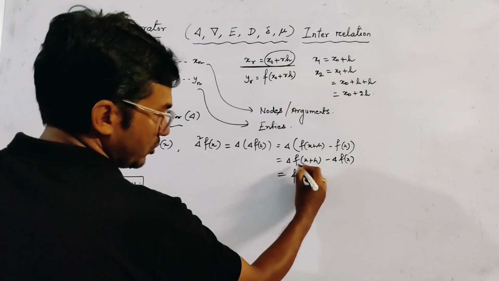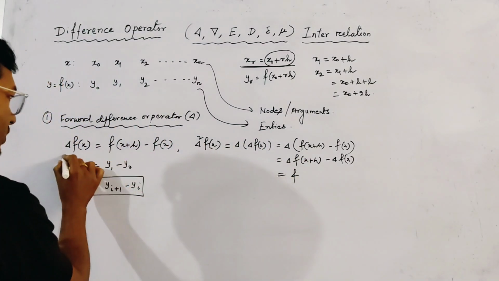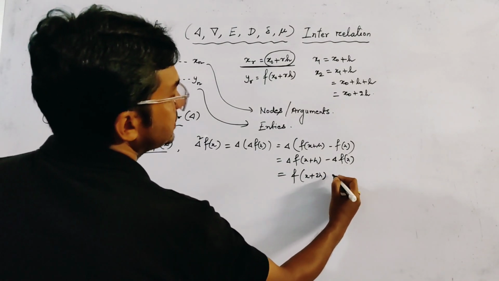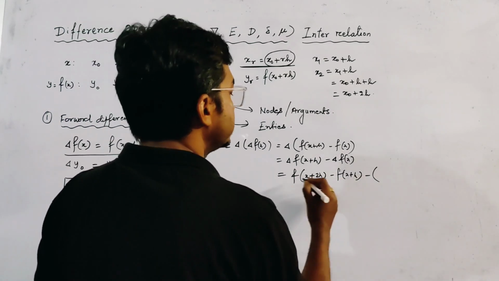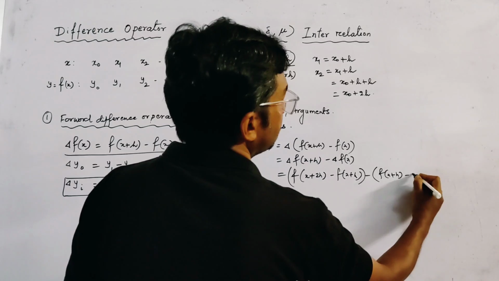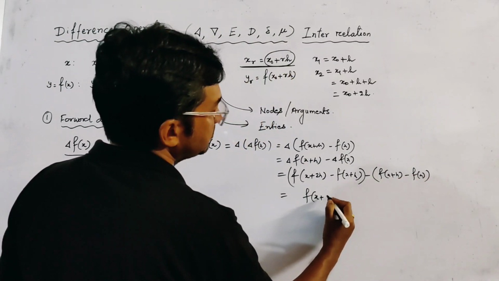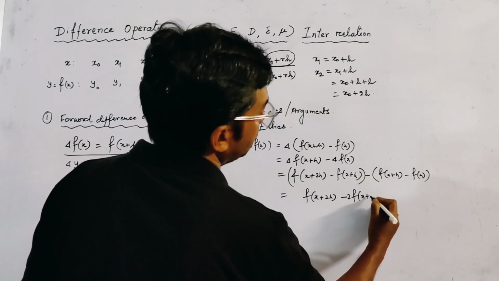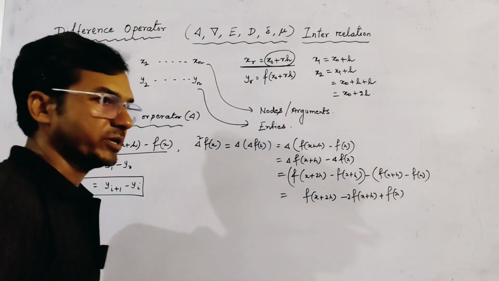Using the definition of delta, we get f of x plus 2h minus f of x plus h minus f of x plus h minus f of x. So we get f of x plus 2h minus 2 into f of x plus h plus f of x.